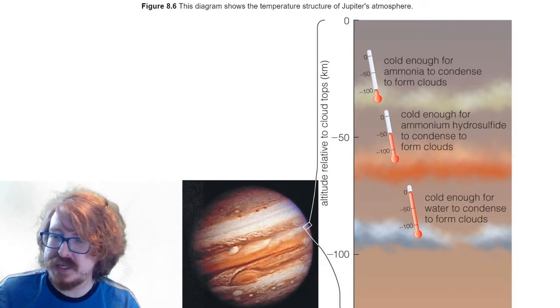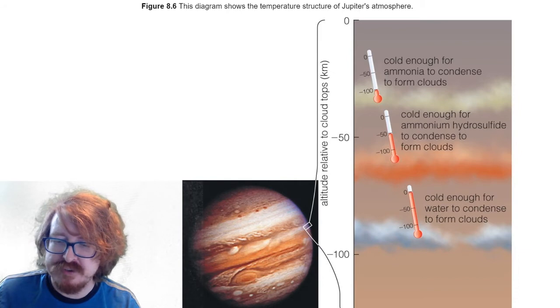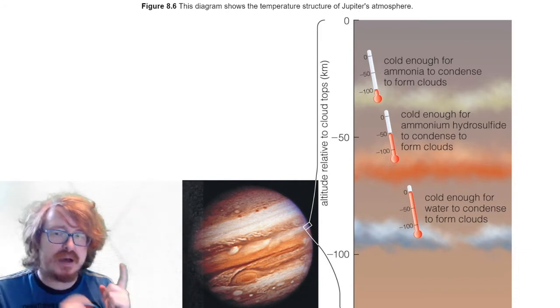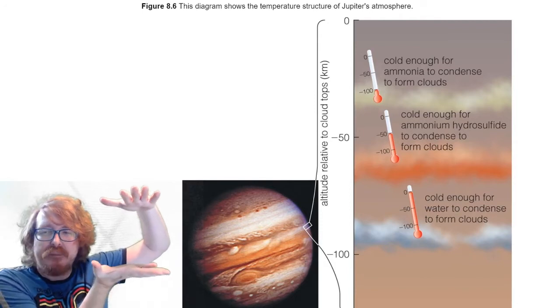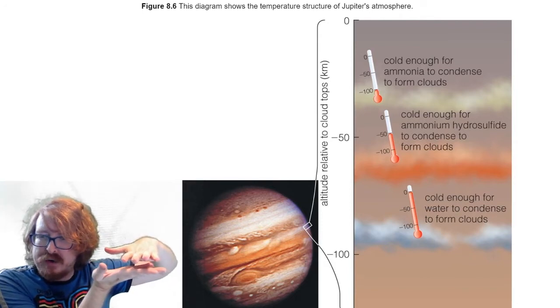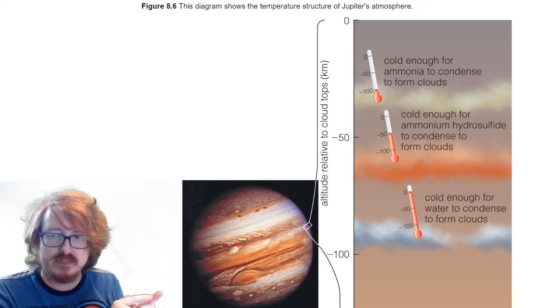Yes, that's correct. Higher gravity. So if Saturn had just as much gravity as Jupiter, it would take its cloud layers and press them together like Jupiter's are, and then Saturn would look a lot more like Jupiter. Okay?